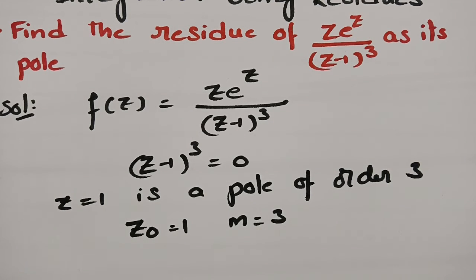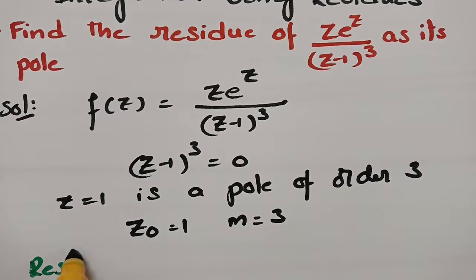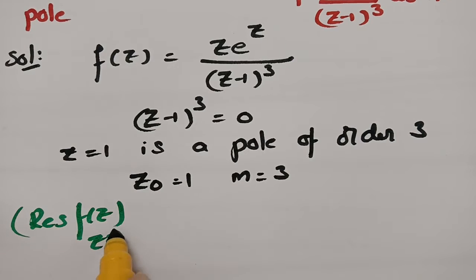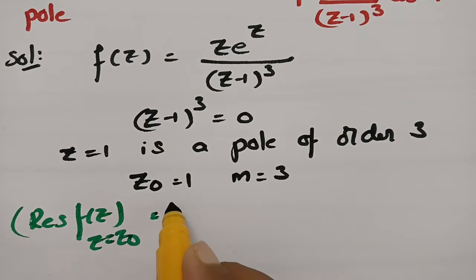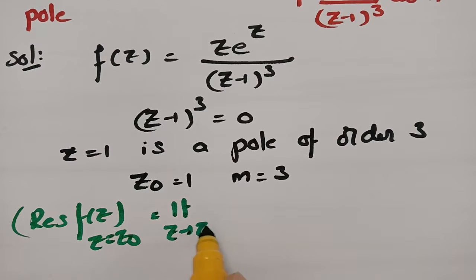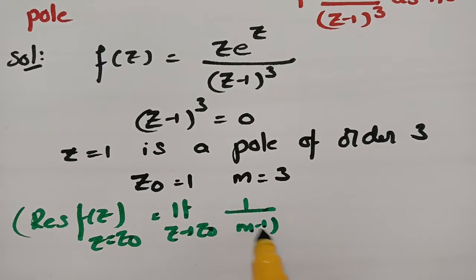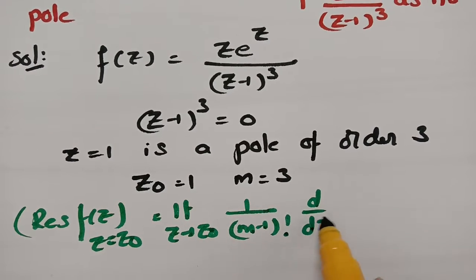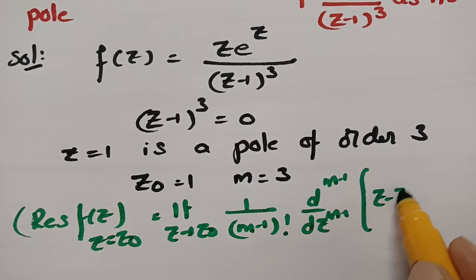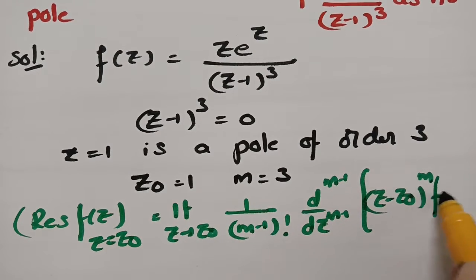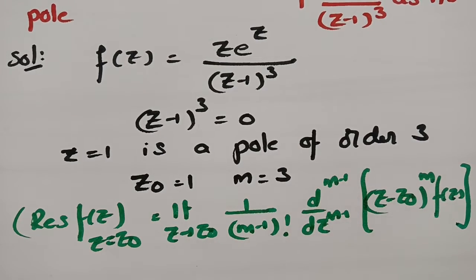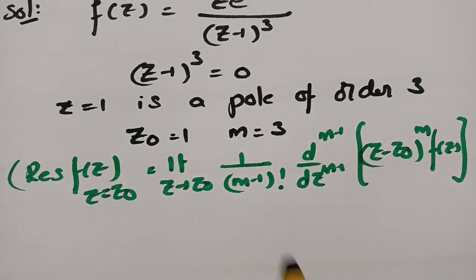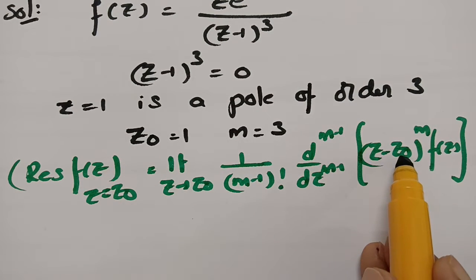Now I am going to use a formula: the residue of f of z at z is equal to z0 is equal to limit z tends to z0 of 1 by (m minus 1) factorial and d by dz power m minus 1 into (z minus z0) power m into f of z. Clear?